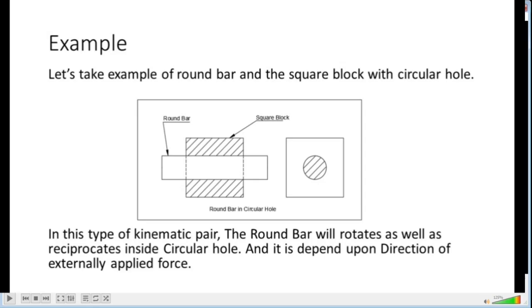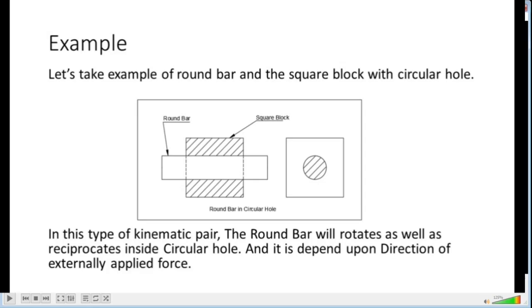If we are applying a tangential force, then it will rotate, and if we are applying a push and pull force, then it will have a reciprocating motion, right? So depending on the direction of the externally applied force, the round bar will have either reciprocating or rotary motion inside the circular hole of the square block, right?